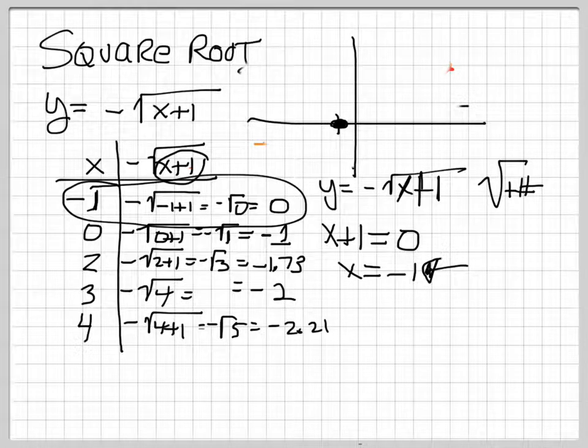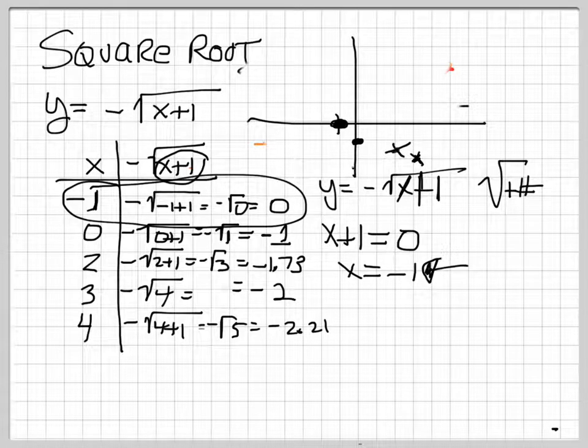So now when I go to 0, I get negative 1, at 2 I get negative 1.73, at 3 I get negative 2.